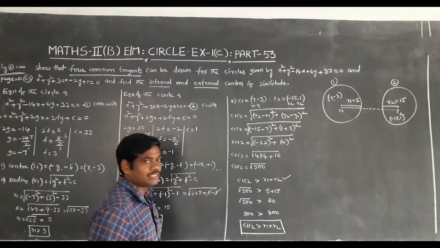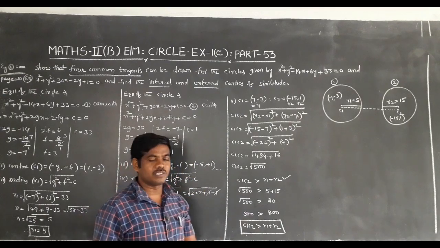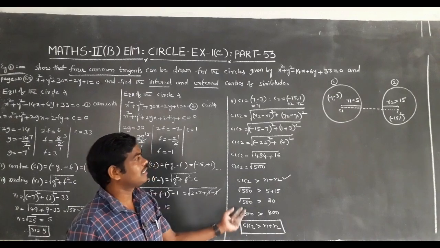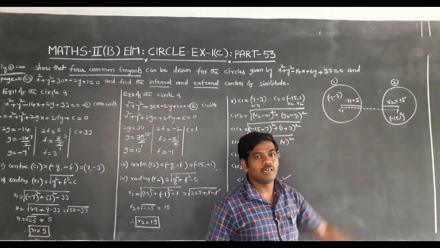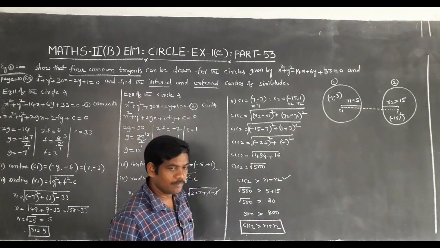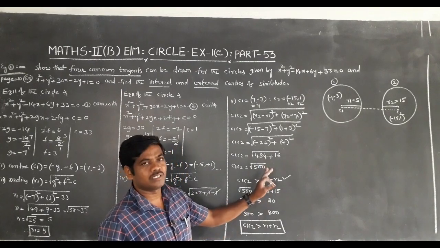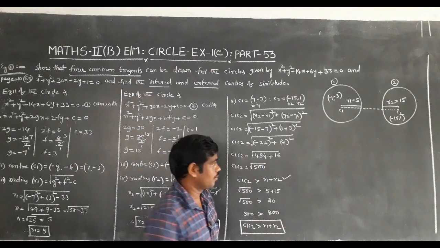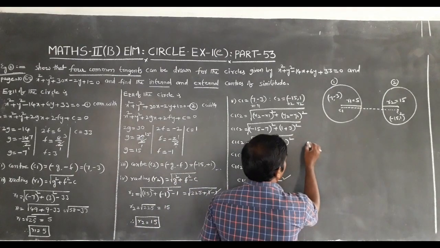If C1C2 is greater than R1 plus R2, the two circles do not touch or intersect. One circle is completely away from the other circle. Here the number of common tangents that can be drawn for the circles is 4.